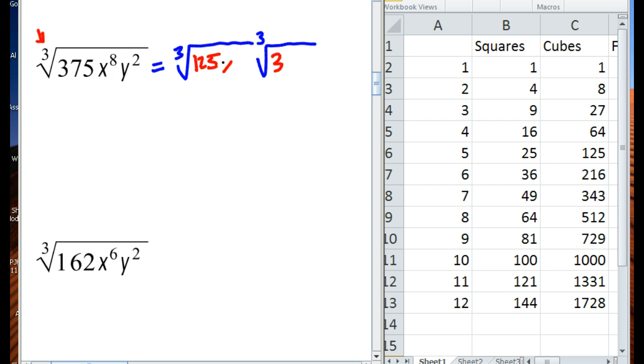What's the highest multiple of 3 without going over 8? Just 6. So that means we have 2 left over here. And then the y's, we can't get up to 3 at all, so that's just going to be left over as well.